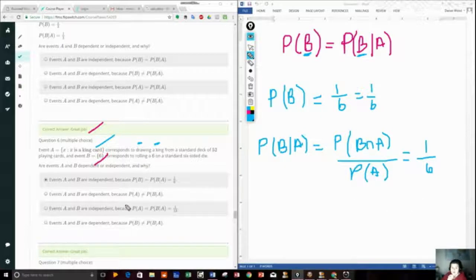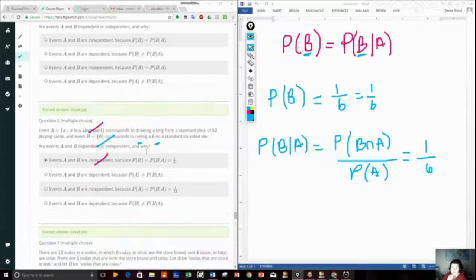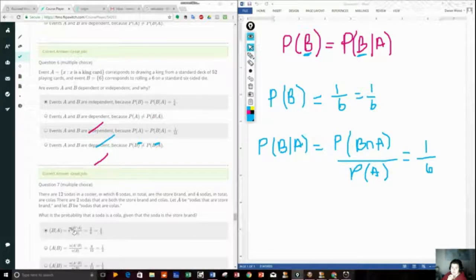So in the previous example with 7, they used this n. That's the number of ways, and it is interchangeable. So the number of ways you can select a king card and a 6 on a die, there's only one way you can do that. And then the number of ways for our event.